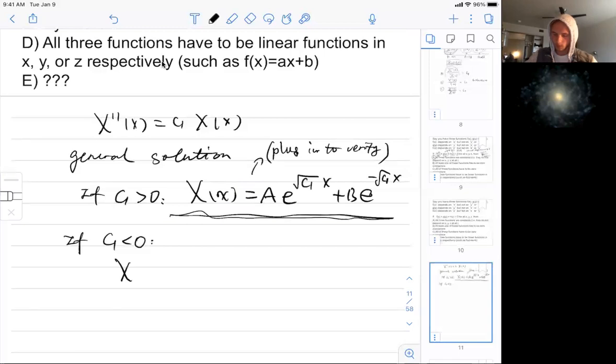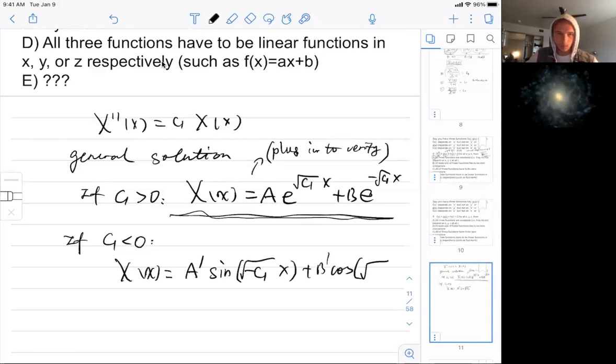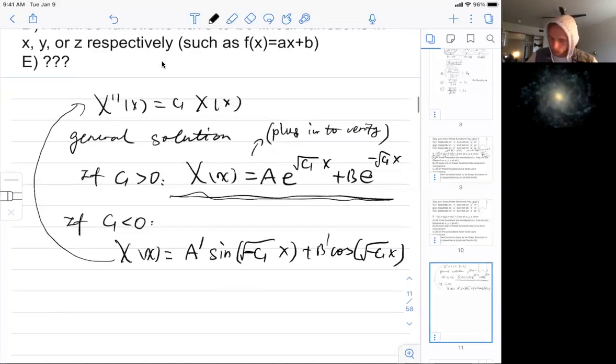So the general solution would be, with some other constants, a prime sine of the square root of negative C1 x plus b prime cosine of the square root of negative C1 x. Now, C1 is less than 0, so I need the negative C1 to make this a positive number. Again, you can plug it back in to verify.